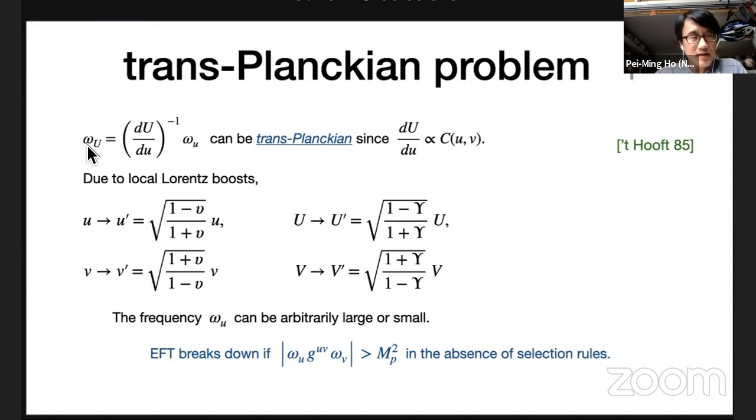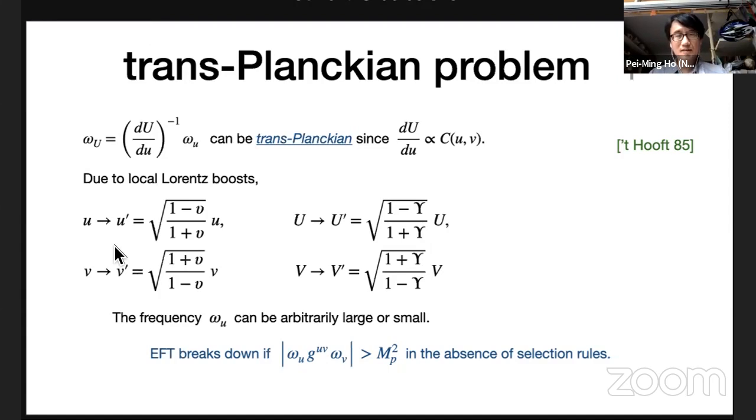Now this high frequency or transplanckian frequency mode should not be taken directly as a reason to abandon the effective field theory, because this is not an invariant quantity. You can always do a local Lorentz boost, either in little u or capital U, so that the frequencies, both omega u and omega capital U, are arbitrarily large or small.